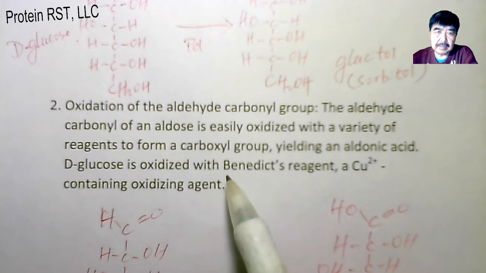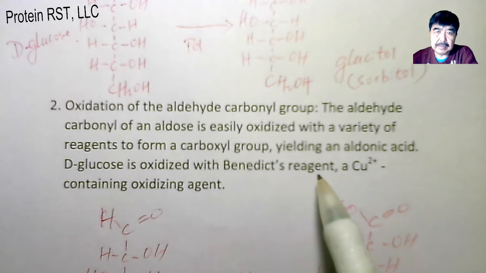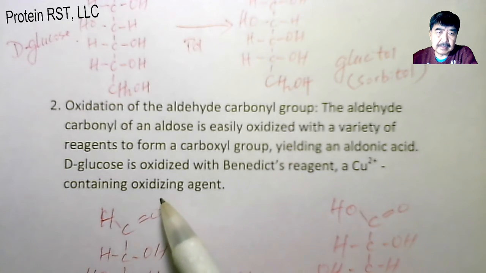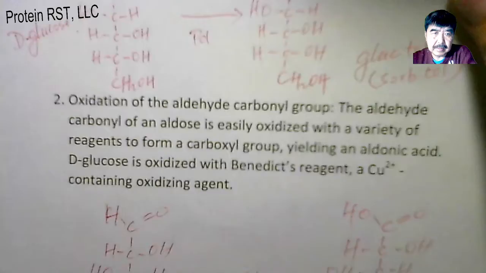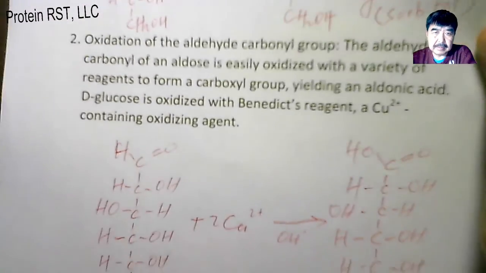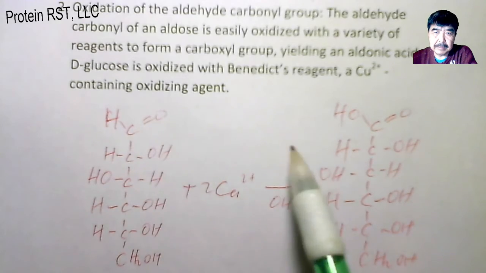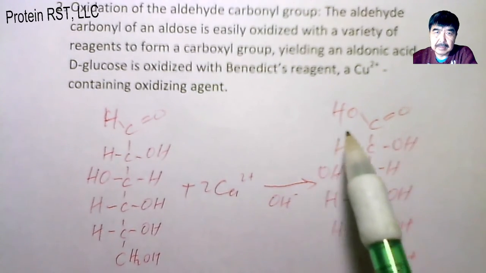Glucose is oxidized with what is called Benedict's reagent, a cupric-containing oxidizing agent. This is oxidation. The carbonyl group is oxidized and becomes a carboxylic group.